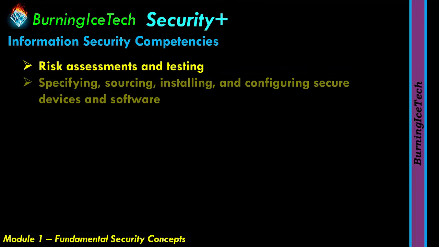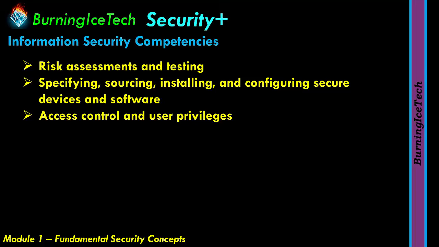You need to specify, source, install, and configure secure devices and software. You need to set up and maintain document access control and user privilege profiles. You're going to have to monitor audit logs, review your users' privileges, and document access controls.